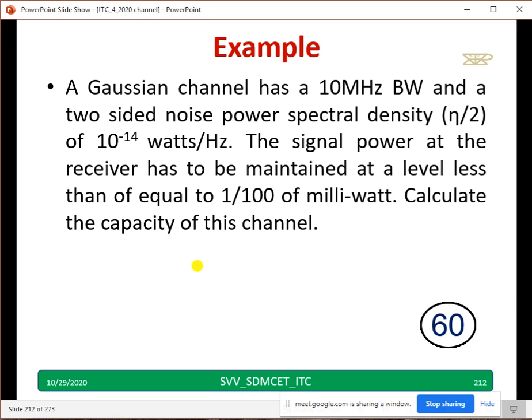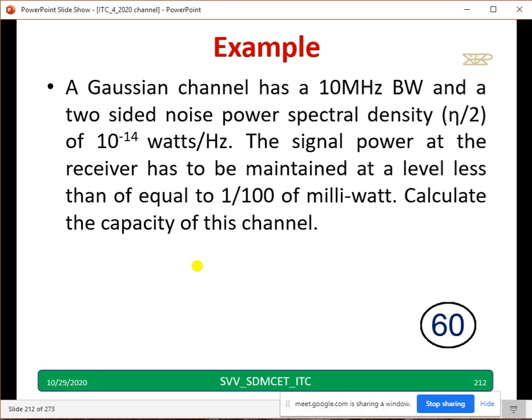Siddharth also got the same answer. Ankita Shetty, Rohan got the same answer.